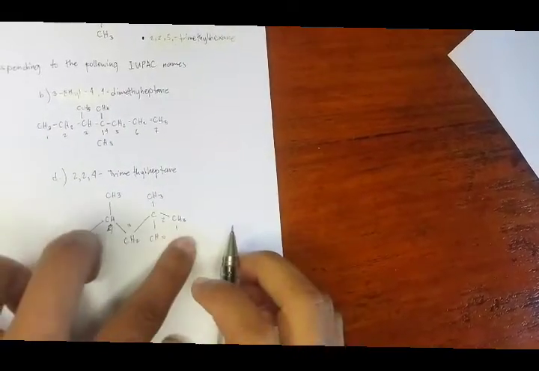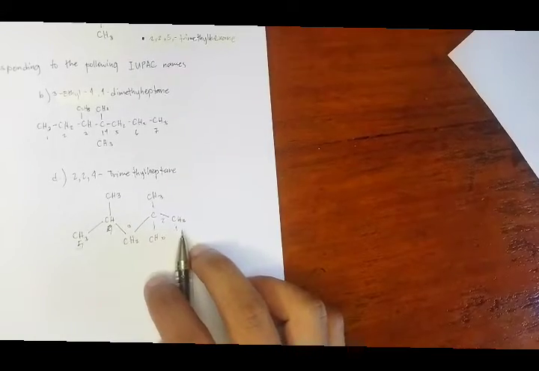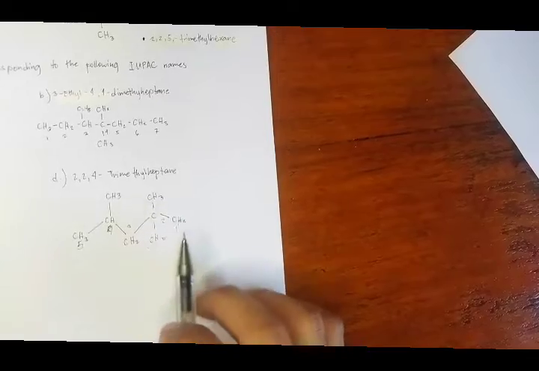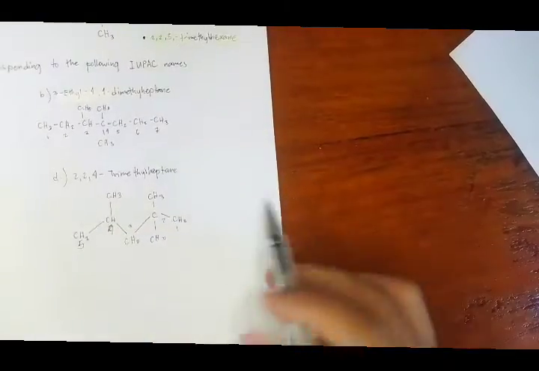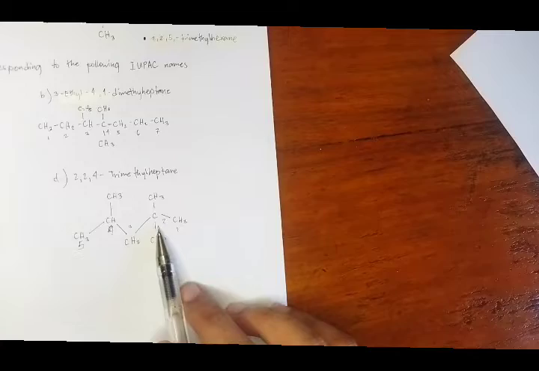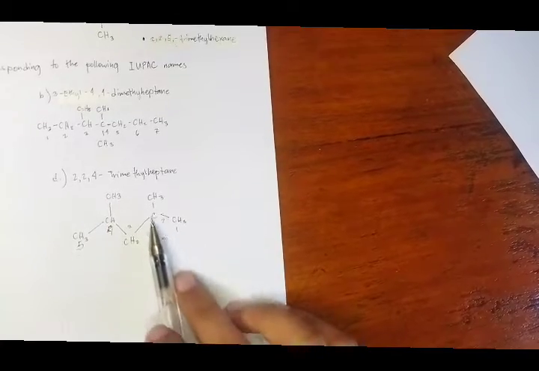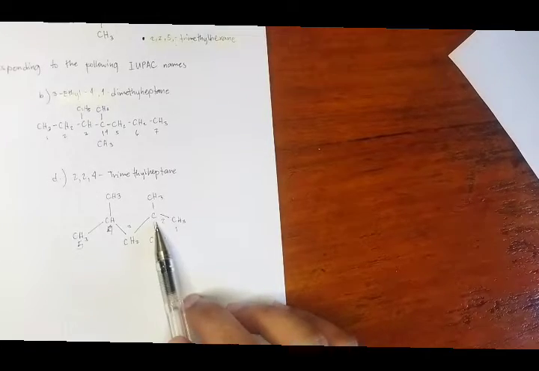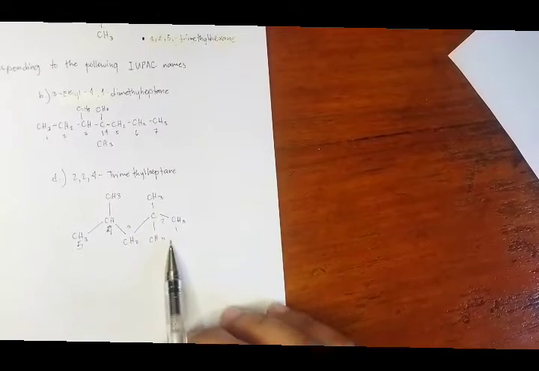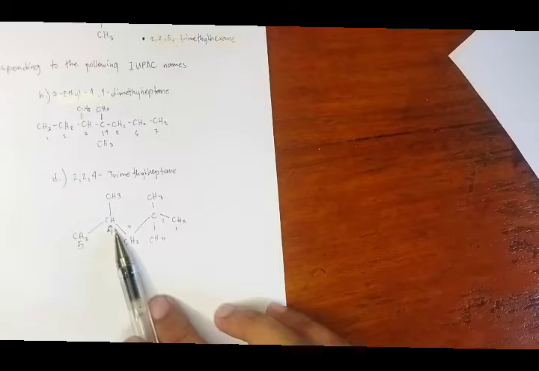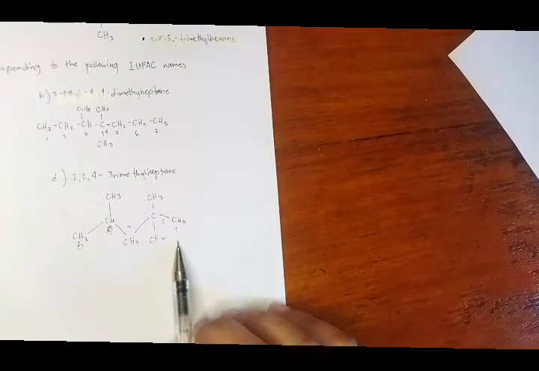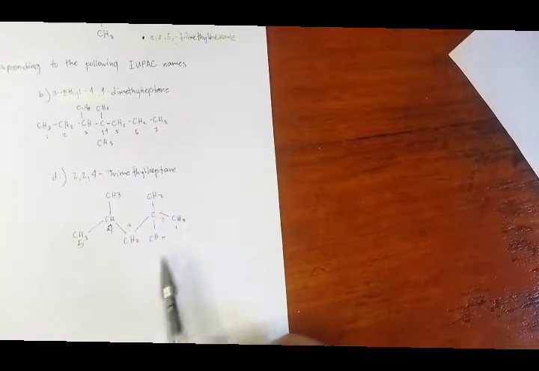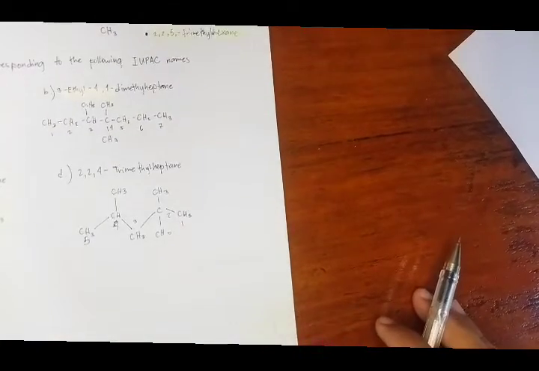So we should always count to the nearest end which has the longest substituent or a branch. So we have here the CH3. So that would be 2,2. You can see here on the second carbon of the chain, there's 2 CH3 as substituent. And we also have here on the fourth, so that would be 3 methyl. Tri means 3 methyl, and heptane for 7 carbon chain.